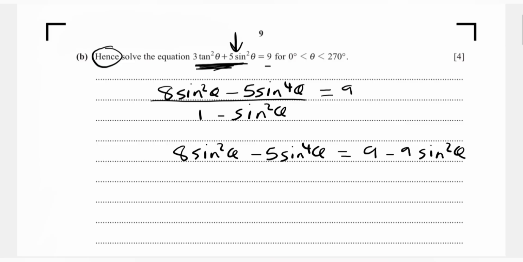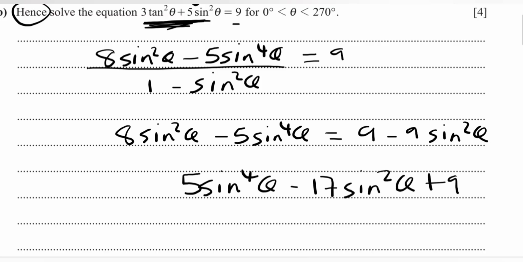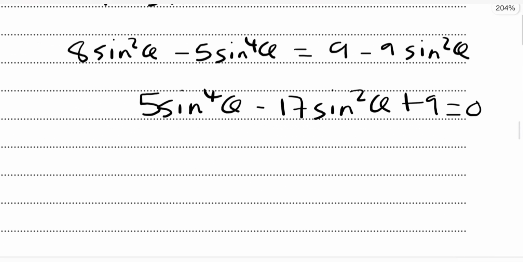So we're going to go ahead and take everything to the right hand side. 5 sine to the power 4 theta, then we have minus 9 sine squared theta minus 8, so that will be minus 17 sine squared theta plus 9 being equal to 0, right?